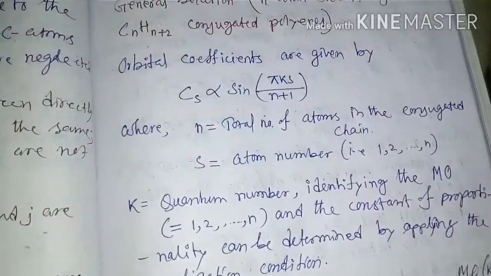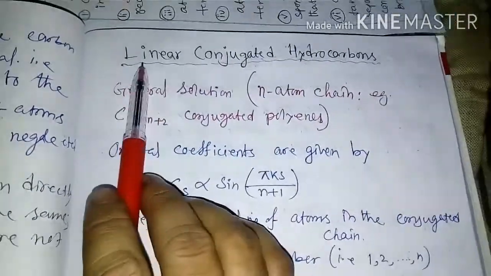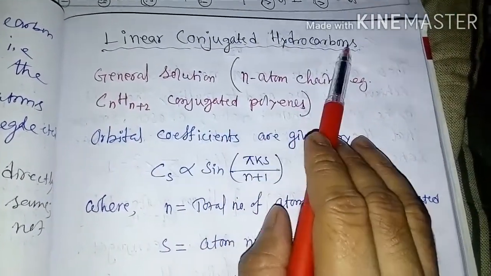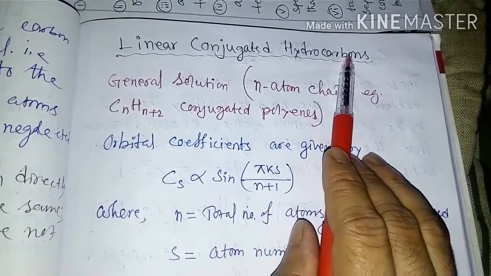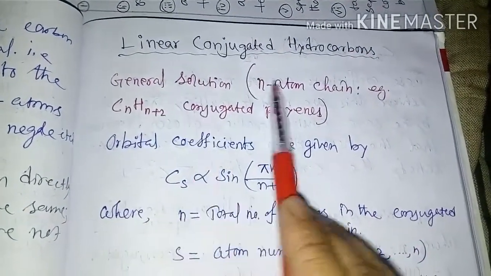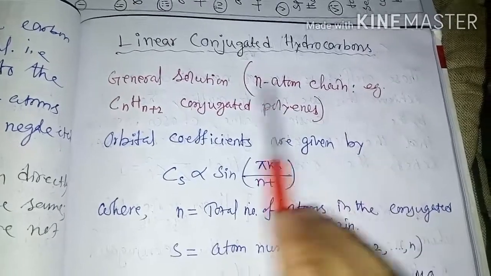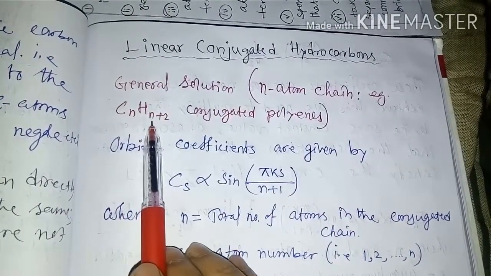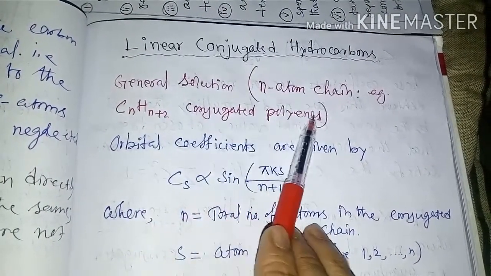Now, the main point: linear conjugated hydrocarbons. The general solution for an n atom chain, for example CnHn+2, these are conjugated polyenes.